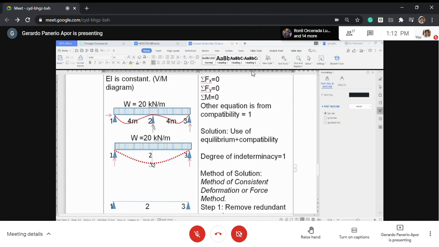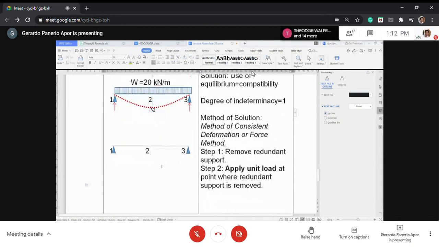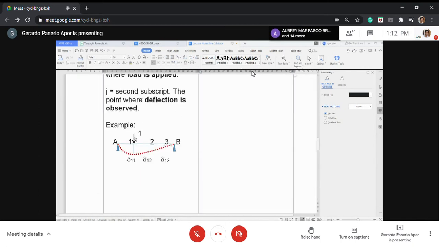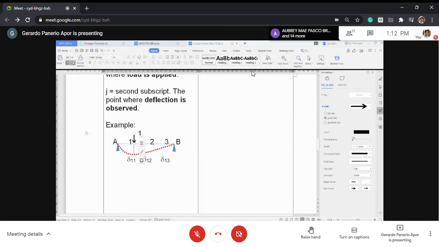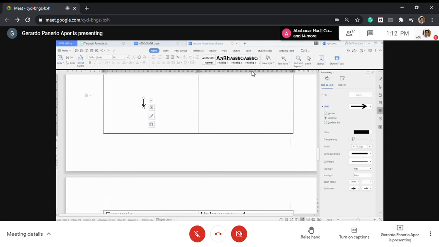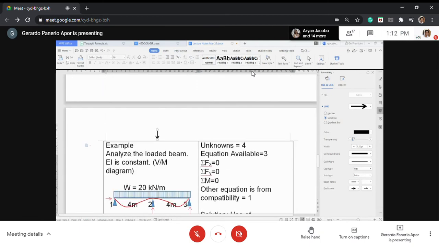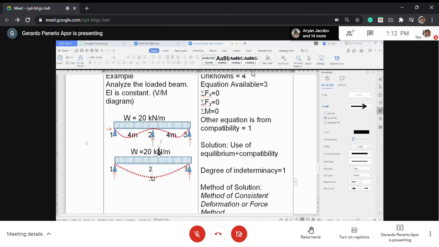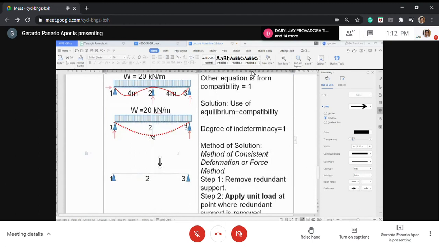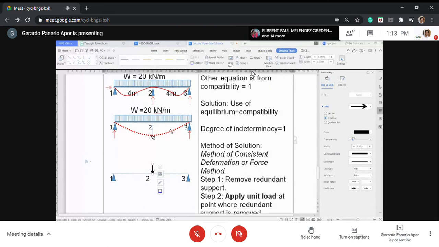It's a reaction load. Okay, so you can apply it at point 2, either vertical or negative, no? So if you use positive, then you have to apply it up, no? Just like this. Copy, paste. So kung mo na imong unit load, pili lang ka na unsay imong gusto. Positive ba or going down. If you apply it going down, then your depiction could be like this.